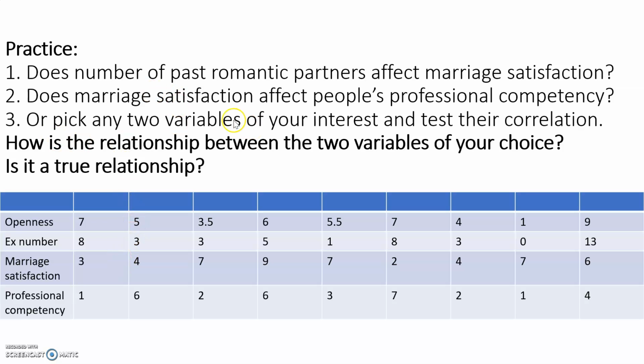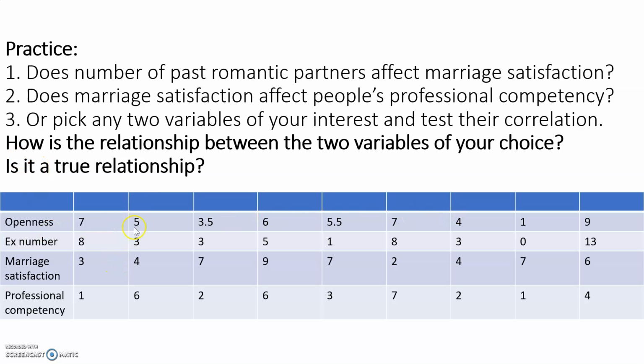Then answer the question: how is the relationship between these two variables of your choice, and also use the significance test to examine whether this is a true relationship or not.